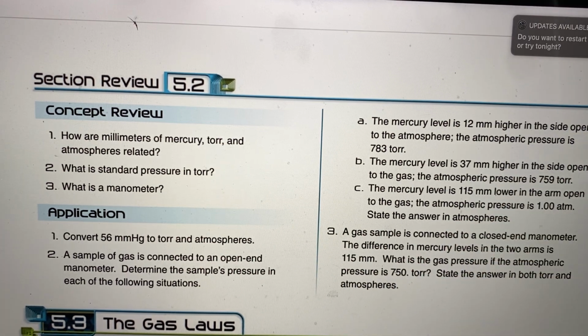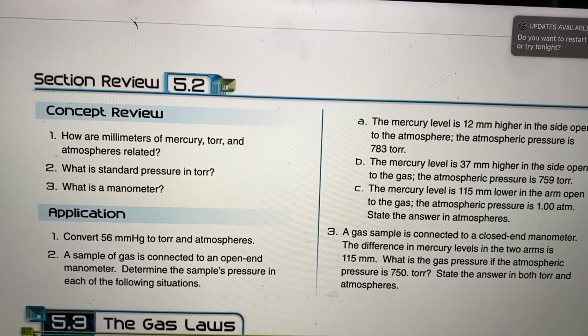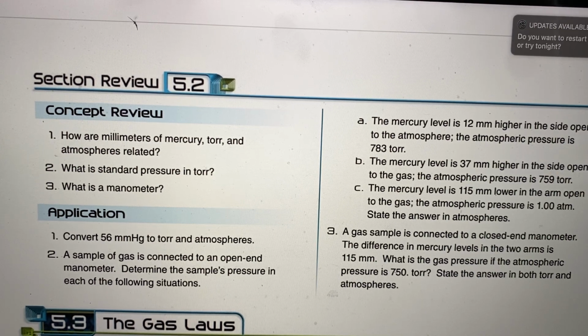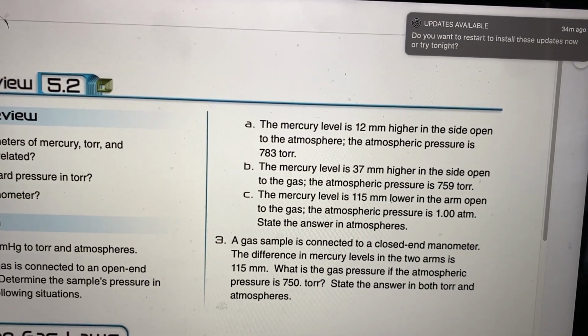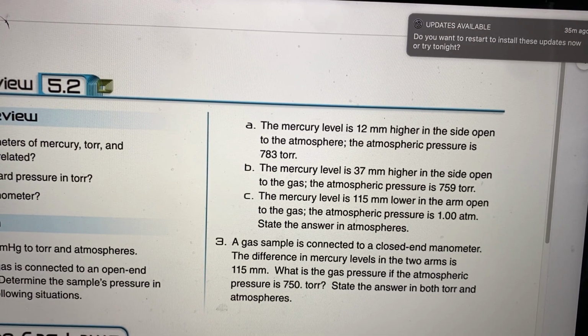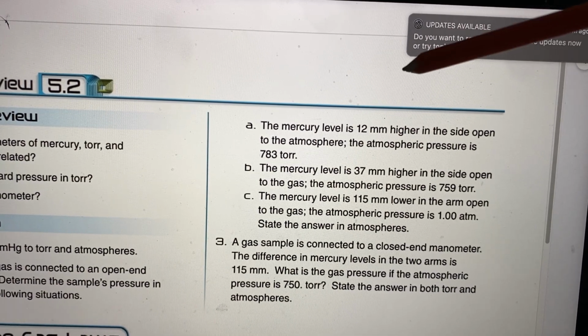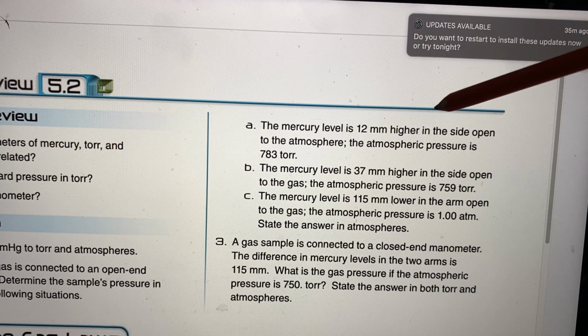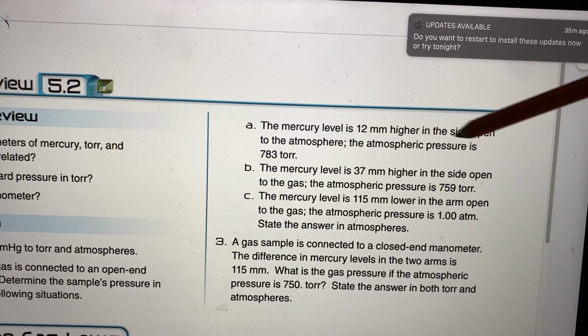A sample of gas is connected to an open-end manometer. Determine the sample's pressure in each of the following situations. This is when we're talking about the open end, when we have to subtract or add, remember? The first one here, the mercury level is 12 millimeters higher in the side open to the atmosphere.